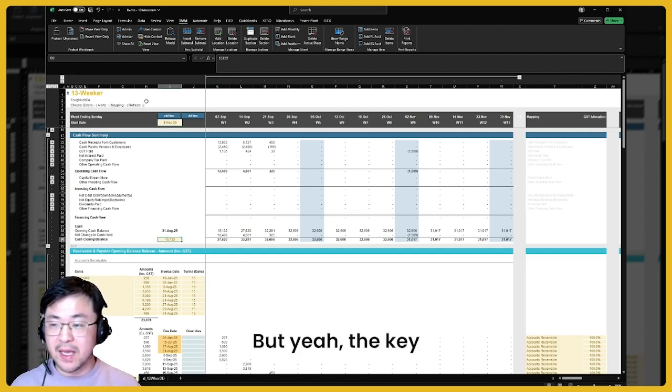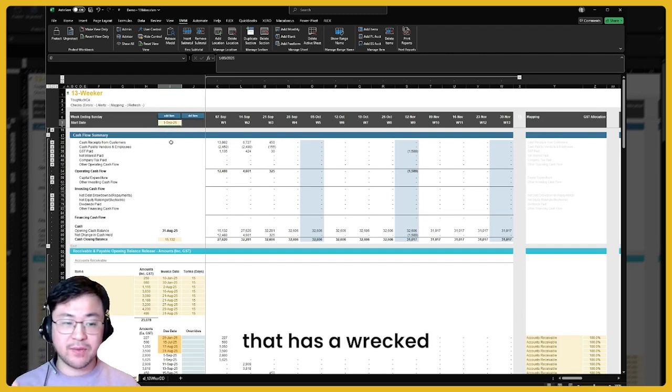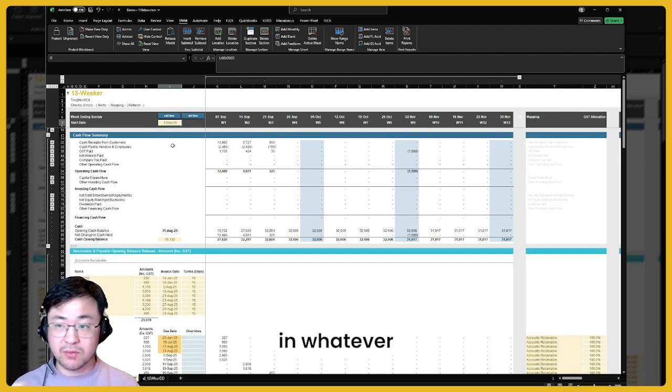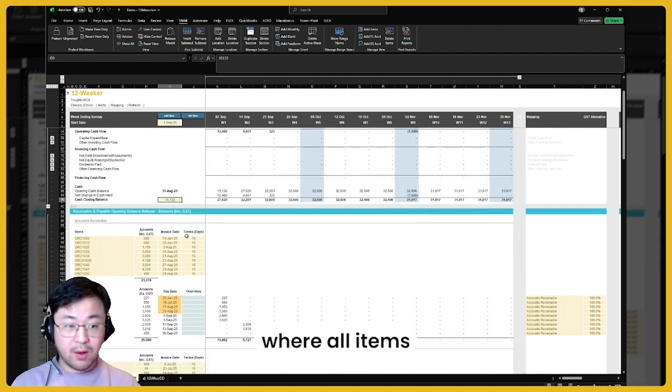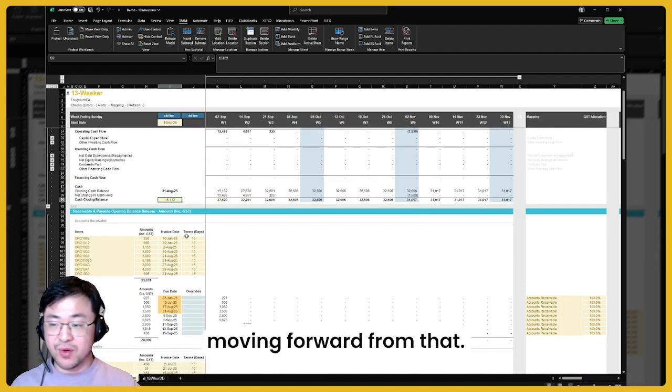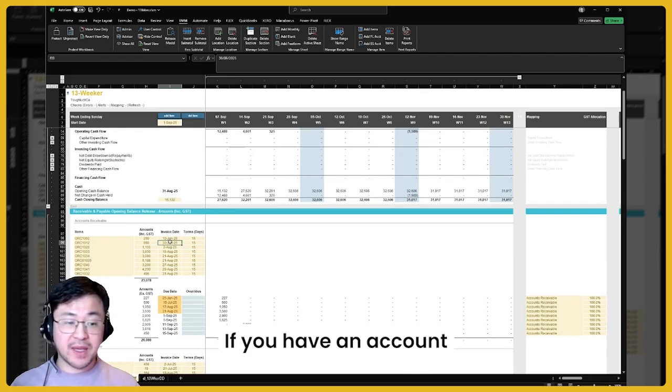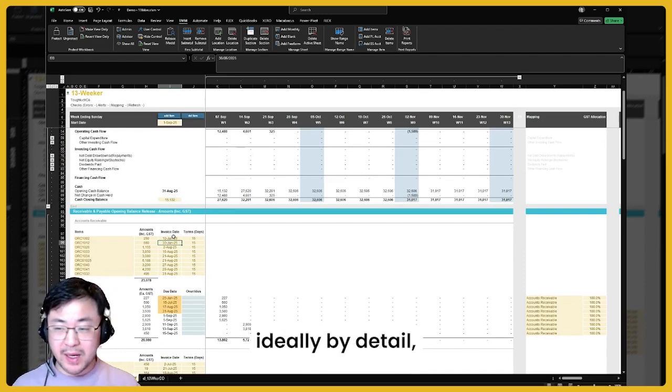The key thing is if you have a date that has a reconciled cash balance in whatever accounting package you're using, because you want the right starting cash balance, where all items are reconciled, and anything moving forward from that. If you have accounts receivable that you can pull, ideally by detail.